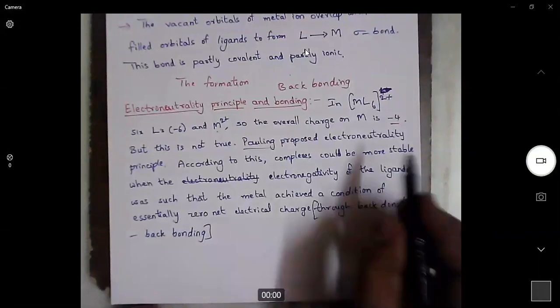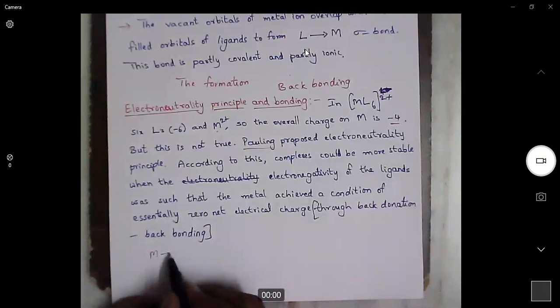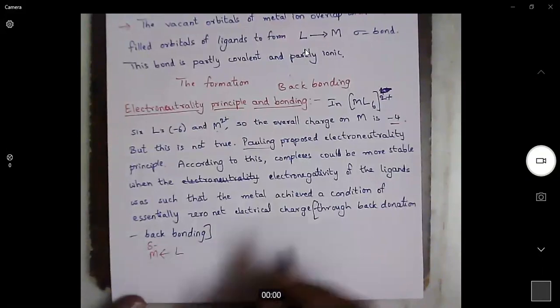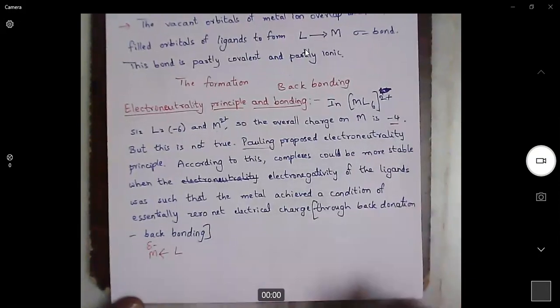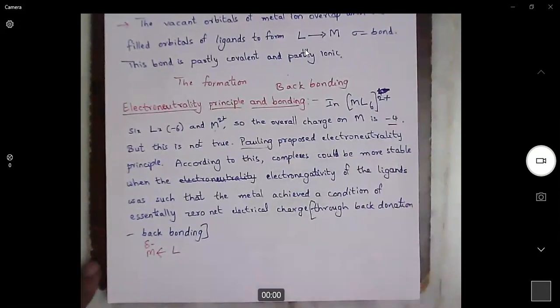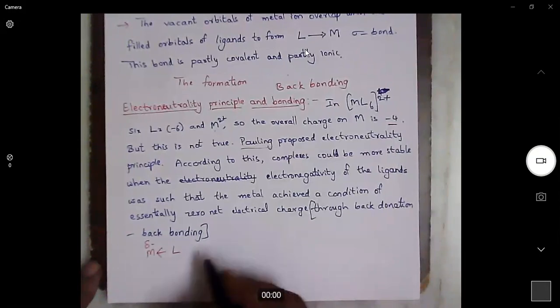That means in a complex, the ligand is donating electron charge to the metal, so the metal will get negative charge. But we are saying a metal with negative charge is not stable. If it is having neutral charge, then it is stable.